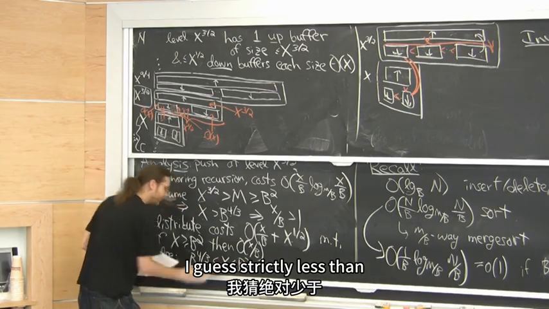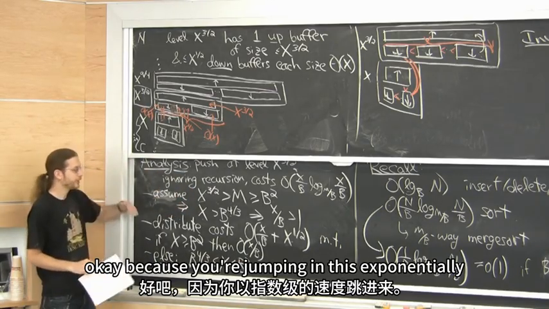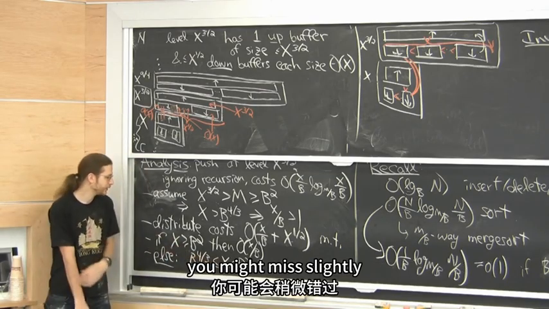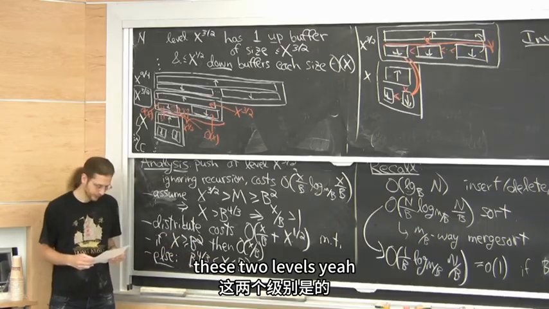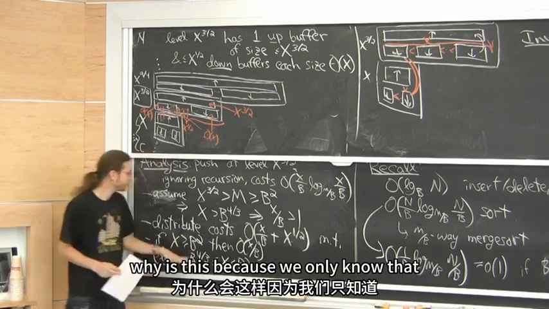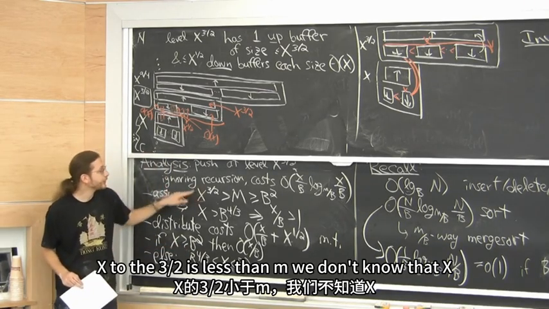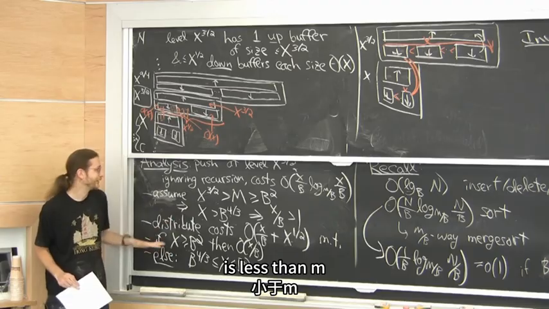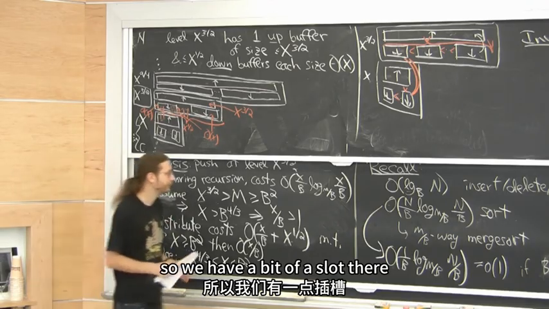Because you're jumping in this doubly exponential way, you might miss slightly. And so you're in between these two levels. Why is this? Because we only know that x to the 3 halves is less than M. We don't know that x is less than M. So we have a bit of a slop there.